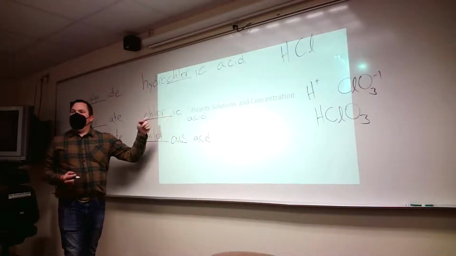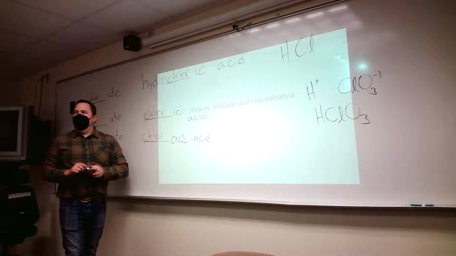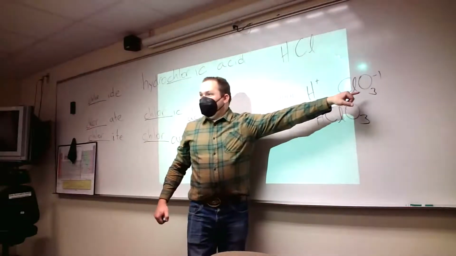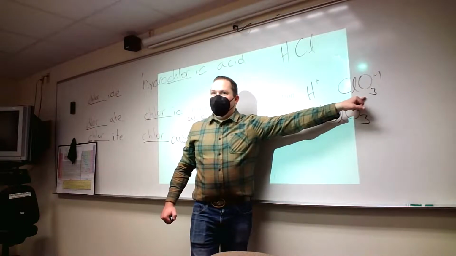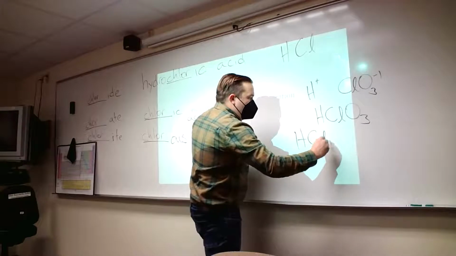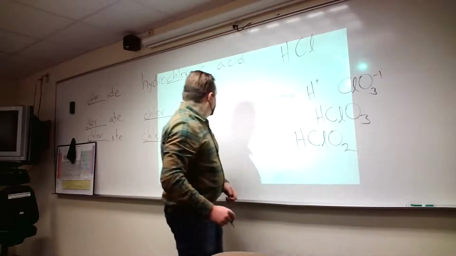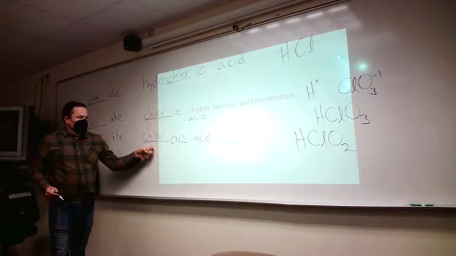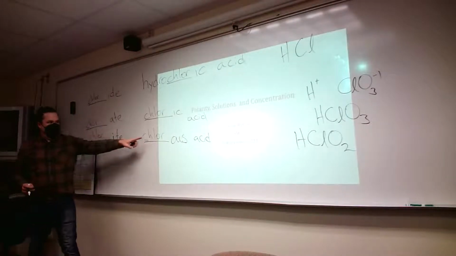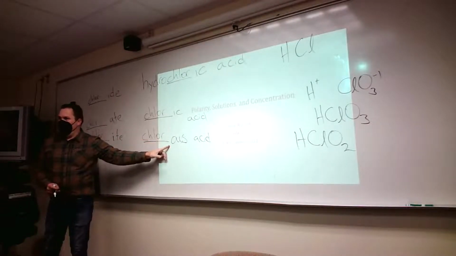What would chlorite be? What's the formula for chlorite? Yeah, the ites are just the ates missing an oxygen, right? So if it was HClO2, ClO2 with the negative charge is chlorite. So that tells us we're going to name this acid as chlorous acid.